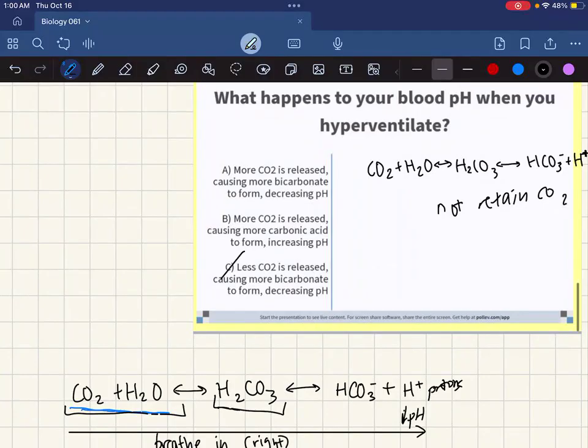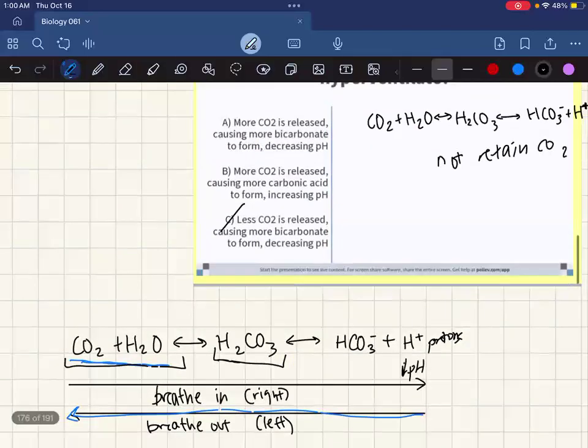And so when we release more carbon dioxide, would the reaction shift towards the right or shift towards the left? The reaction would shift towards the right-hand side. Oh, no, wait, sorry. The reaction would shift towards the left-hand side. That's where I'm going to draw the arrow.